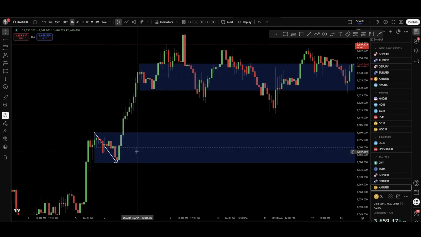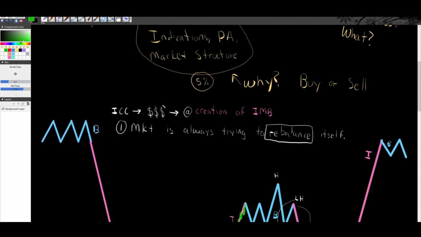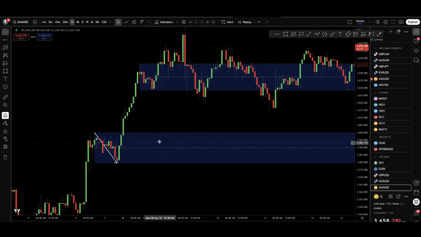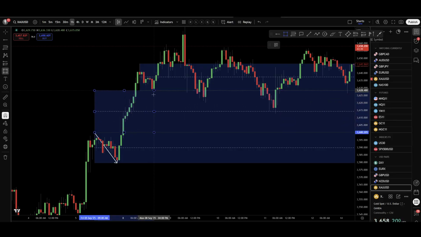So now I have my two areas of balance, like my two blue areas. So now everything under and everything above, that's my area of imbalance now. So that's why I draw from market structure to market structure.